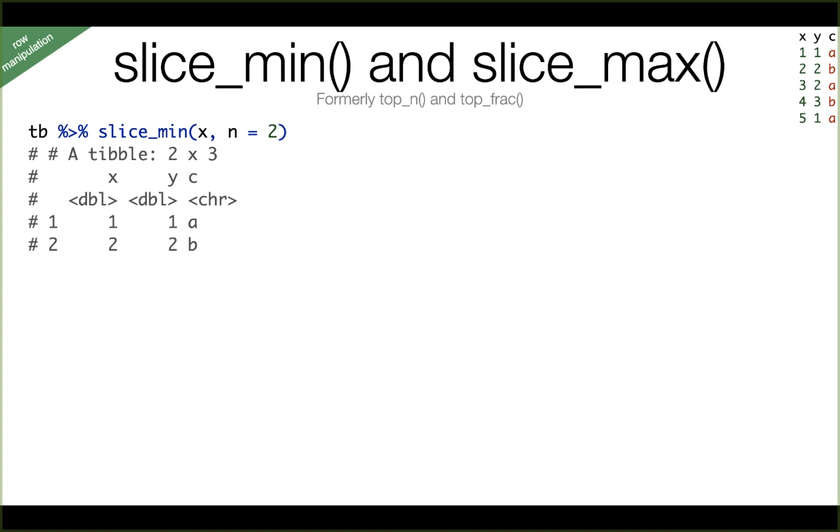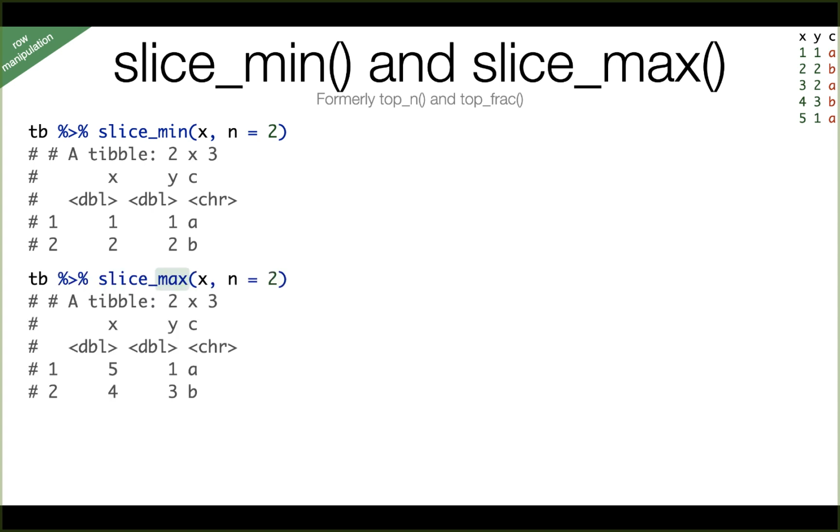Slice_min and slice_max are going to give you back the rows of the data set that correspond to the smallest or largest rows according to a particular variable. For example, TB slice_min x n equals 2 says, give me the 2 rows where the x value is the smallest. And of course you have it on the other side as well. TB slice_max x n equals 2 gives you the 2 rows where x is the largest in the data set.